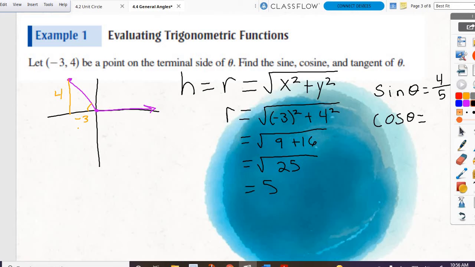Which is, yep. And then lastly, tangent is what? Opposite over adjacent, so we get. So do we all see how we got all of those values? Yes?